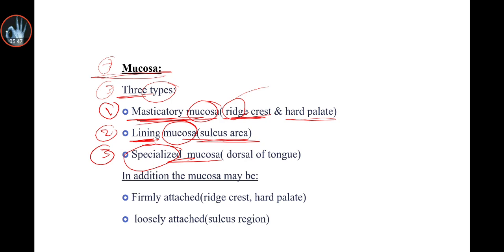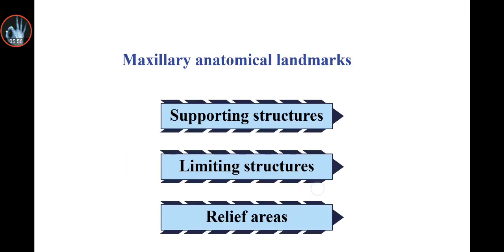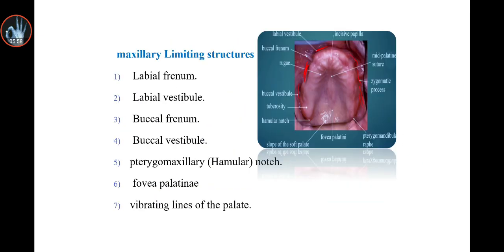The third division was called specialized mucosa, which found on the dorsal surface of the tongue. And we have there is two surface of the tongue.